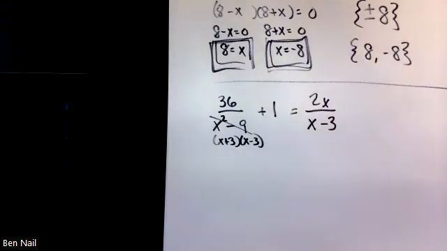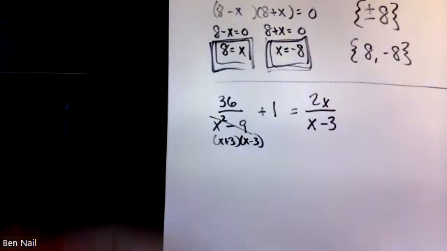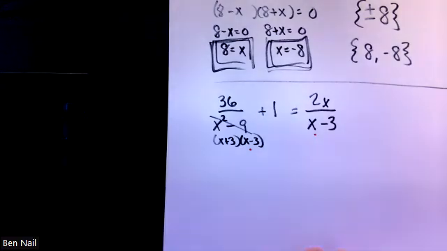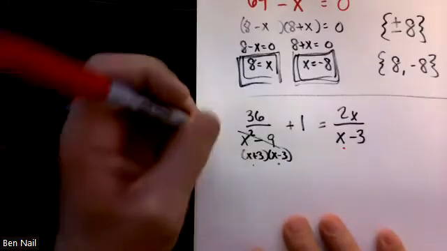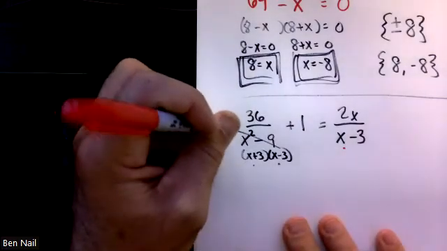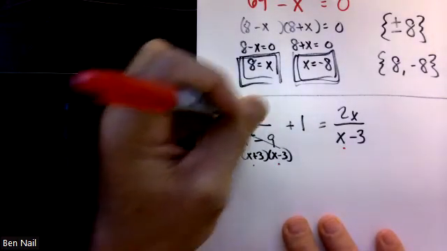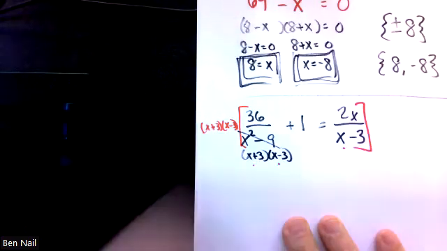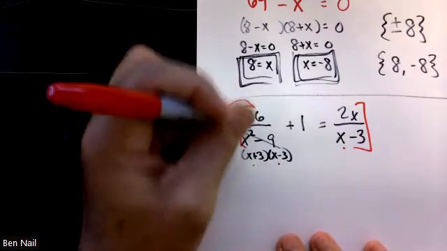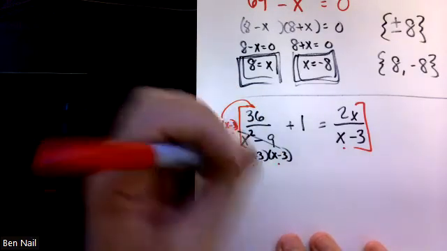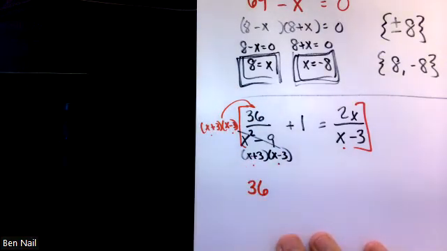Which again, that's helpful because when you start looking for a common factor, x minus 3 is a common factor, but we also need that x plus 3. So if we do x plus 3 and x minus 3, that covers all of our denominators. So if we multiply here, the x plus 3 and the x minus 3 both cancel, leaving me with 36.